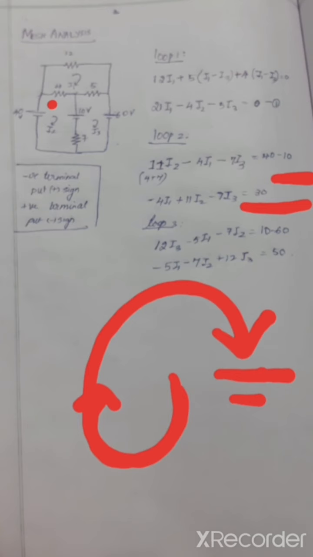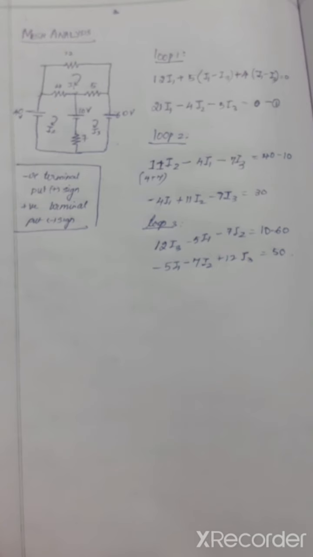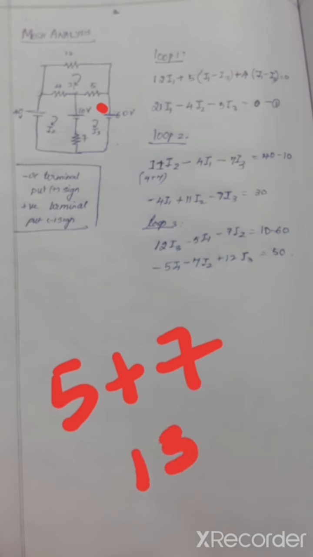Now let's see how to form the equation for loop 3 so that you understand it more clearly. For loop 3, what are the resistances involved? It is 5 plus 7 plus 1, which is nothing but 13. So as it is loop 3, you are giving preference to the current I3, so it is 13 I3 here.